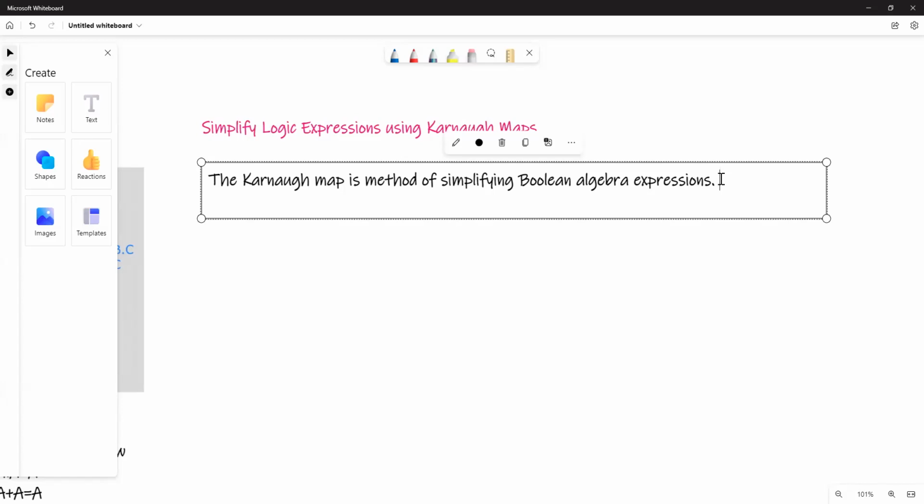We can say it reduces logic expressions more quickly and easily compared to Boolean algebra.